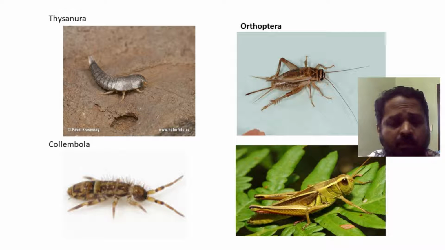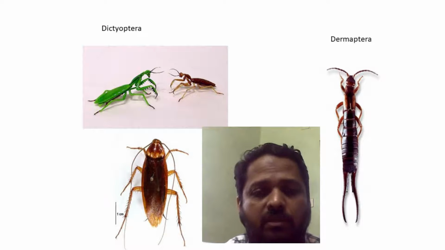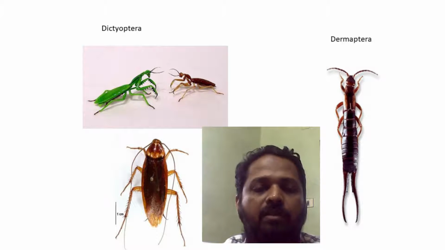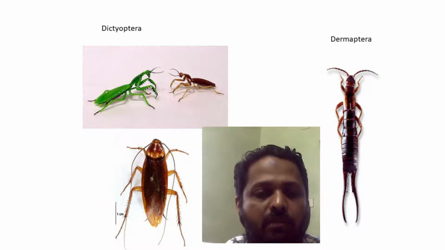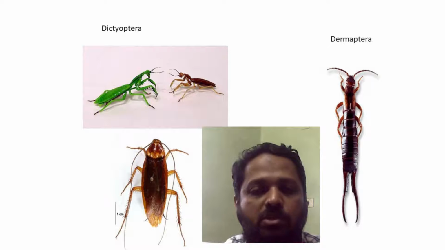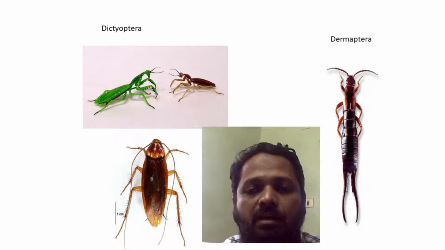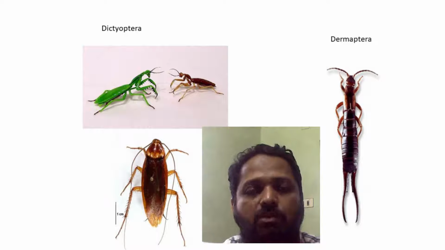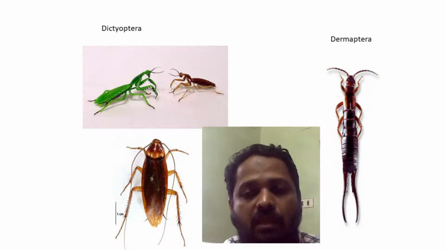The third one is Dictyoptera, which is also found in our kitchen, including cockroaches and mantises. The forewings are leathery, called tegmina, the hind wings are thin and veined, and the mouth parts are chewing type. They are carnivorous and omnivorous, feeding on both plant forms as well as animal forms.